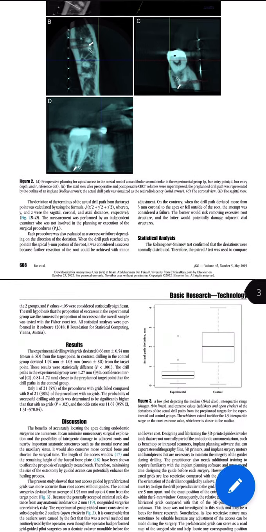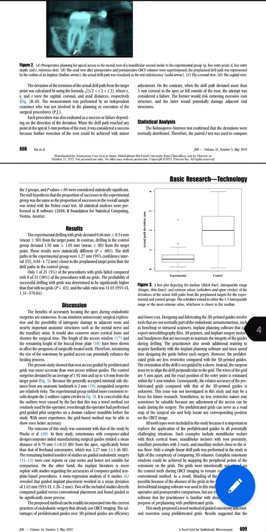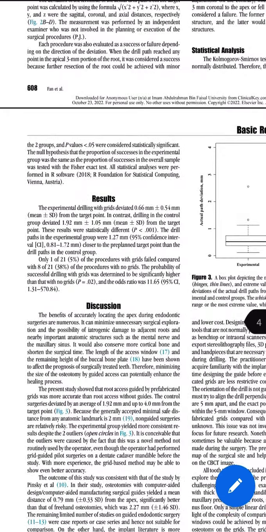Their results were quite good. The drilling with grids deviated at 0.66mm mean, with a standard deviation of 0.54 millimeters. So it's around half a millimeter deviation with a half millimeter standard deviation from the target point.